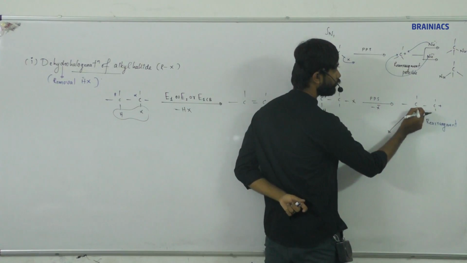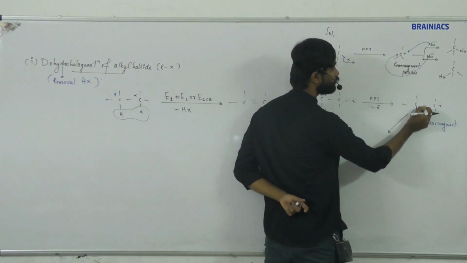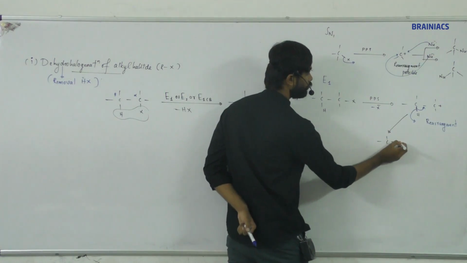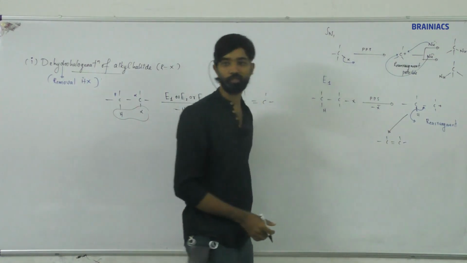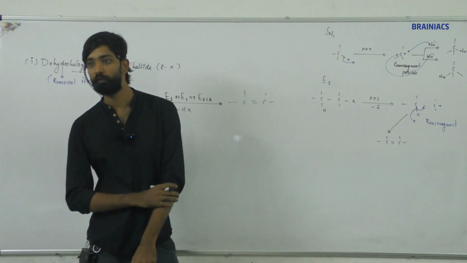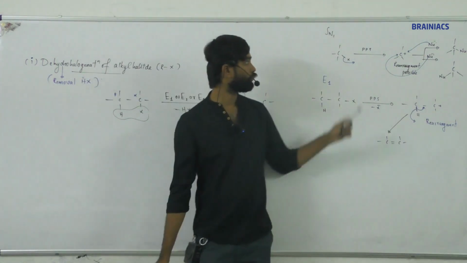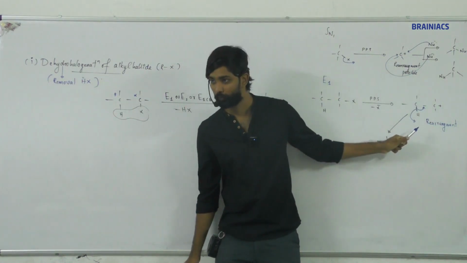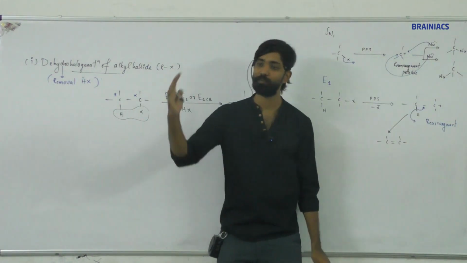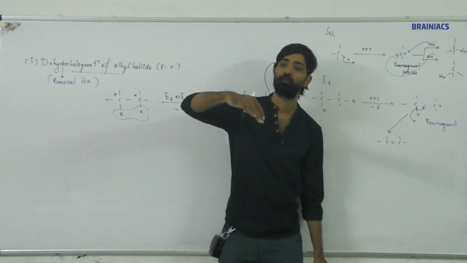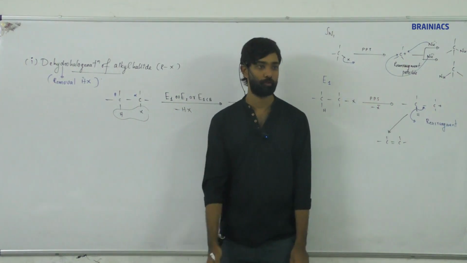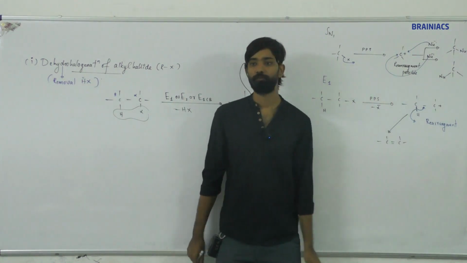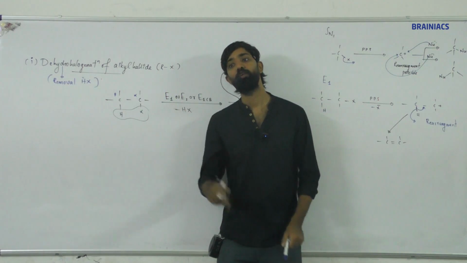If H plus is gone, then this electron pair jumps to here to form the double bond, and this is said to be the E1 mechanism. So in SN1 and E1 mechanisms, the first step is the formation of carbocation. But in SN1 mechanism, the second step is a substitution, whereas in E1 mechanism, the second step is the elimination.